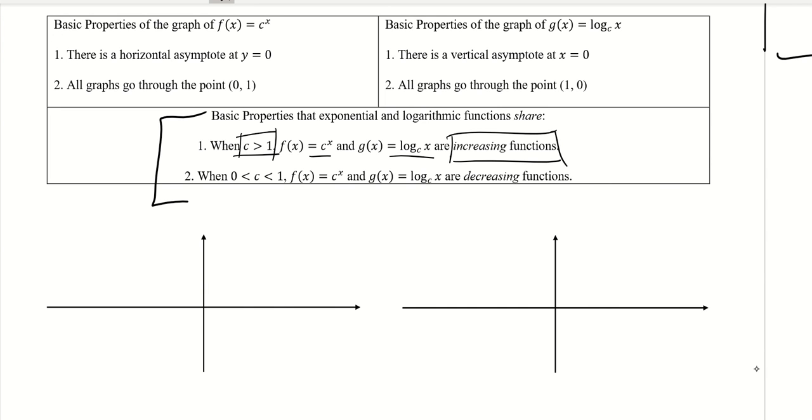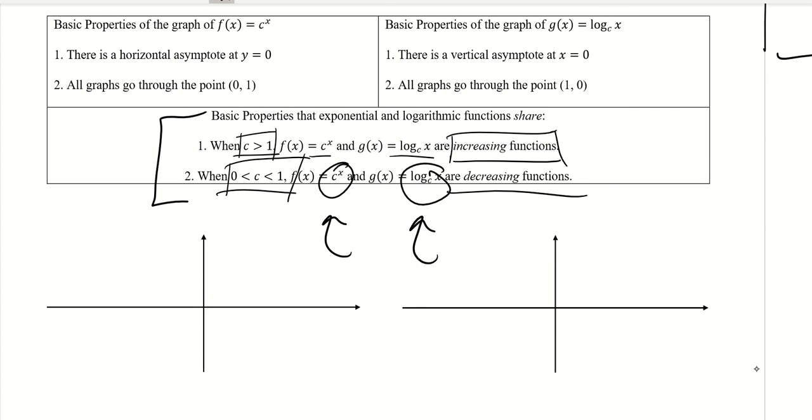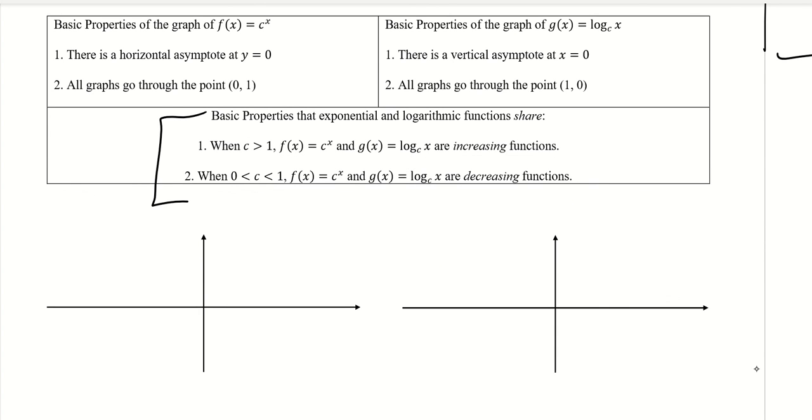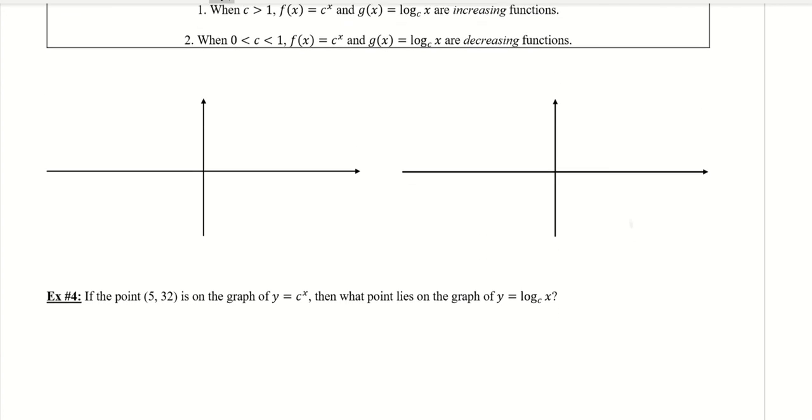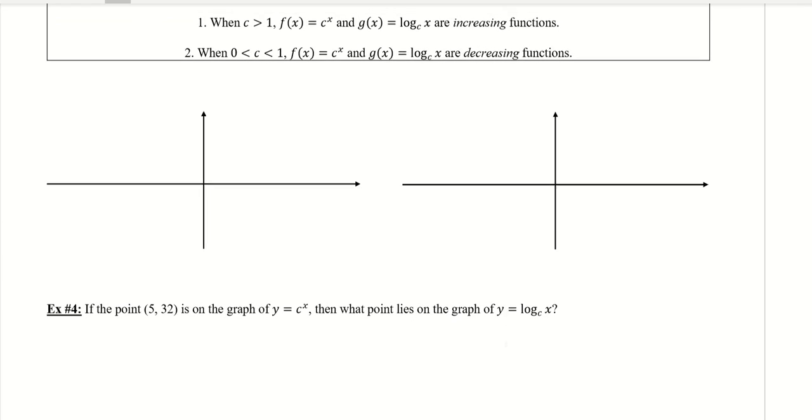If your base is in between 0 and 1, you've got a decreasing function, whether it is exponential or logarithmic. So there are some properties that they share, and those depend on the base. But everything else, like the horizontal asymptote, switches to a vertical asymptote, and the y-intercept becomes an x-intercept once you swap those x and y coordinates.